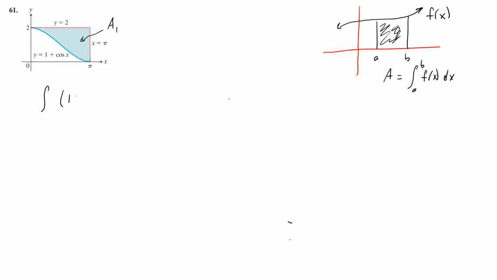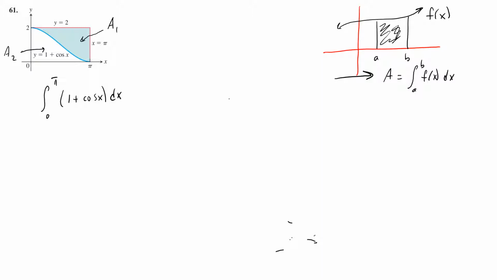If we integrate 1 plus cosine of x from 0 to pi, what we always get is the area below the curve, between the curve and the x-axis, like we've pointed out over here to the right. So what we would get here is actually this area right here, which maybe I'll call A2. But if you look at this figure, notice that A1 and A2 are the same.